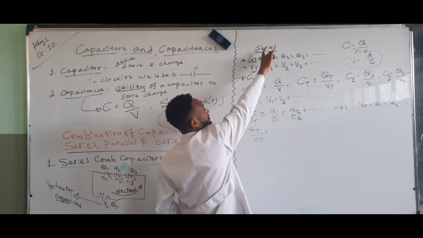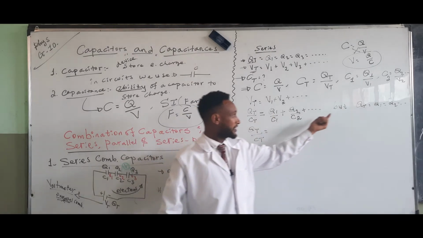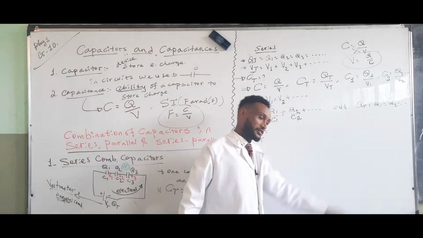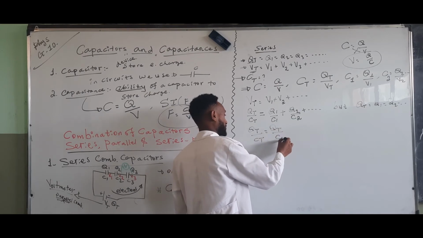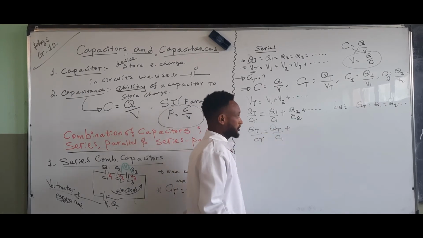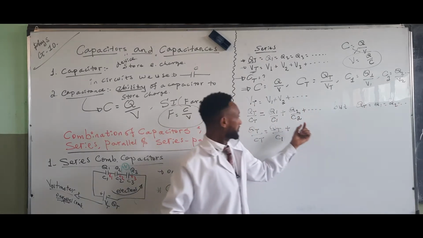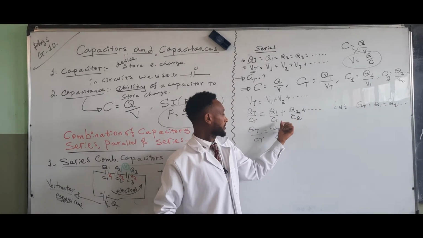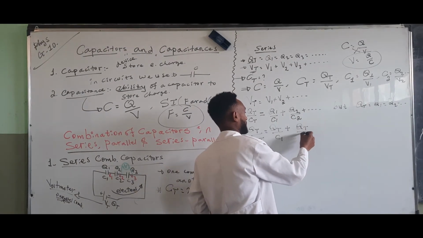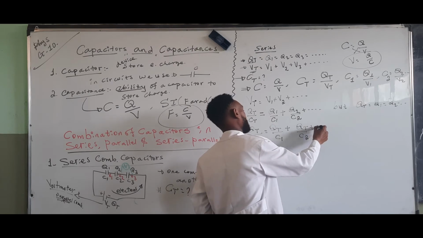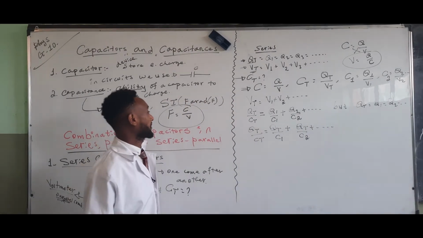Since our combination is a series combination, instead of charge 1 we take the total charge over capacitance 1, plus charge 2, which is also equal to the total charge, so the total charge over capacitance 2, plus up to any number of capacitors.